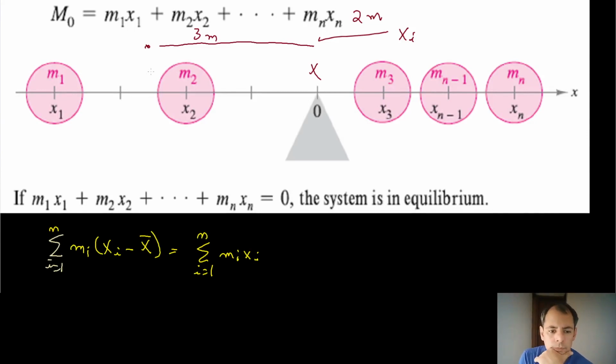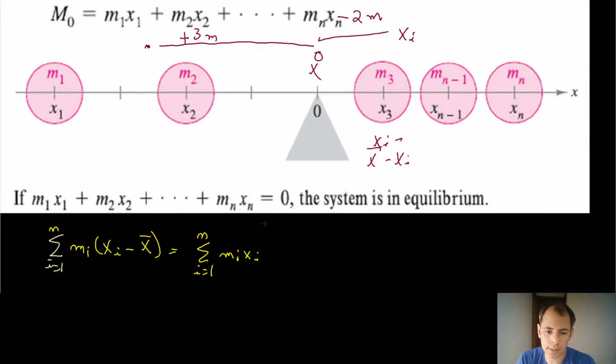hold on, actually, I don't know why the book is doing it like that. It's kind of weird, right? Because if it's going to be 3 meters, then let's say that this is 0. So xi minus, it was supposed to be x bar minus xi. It's kind of like the book is considering this positive and this to be negative.